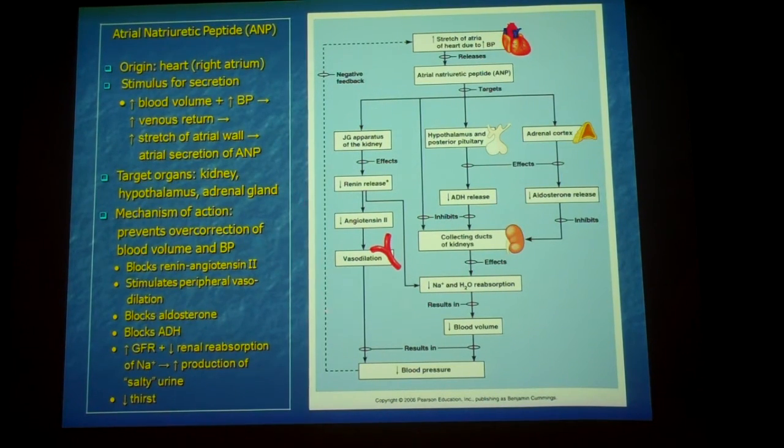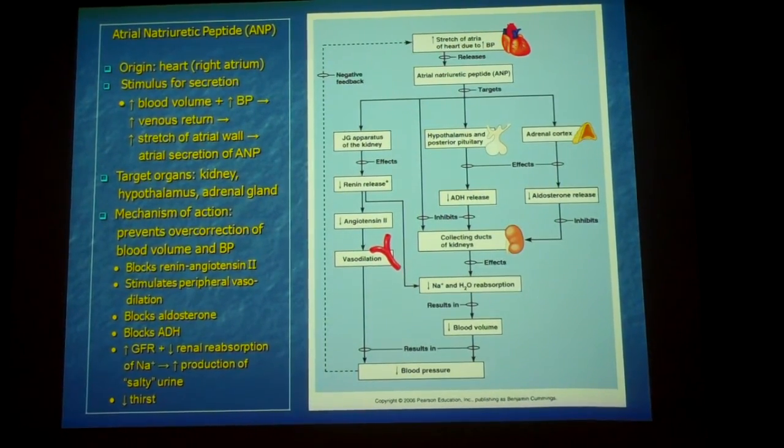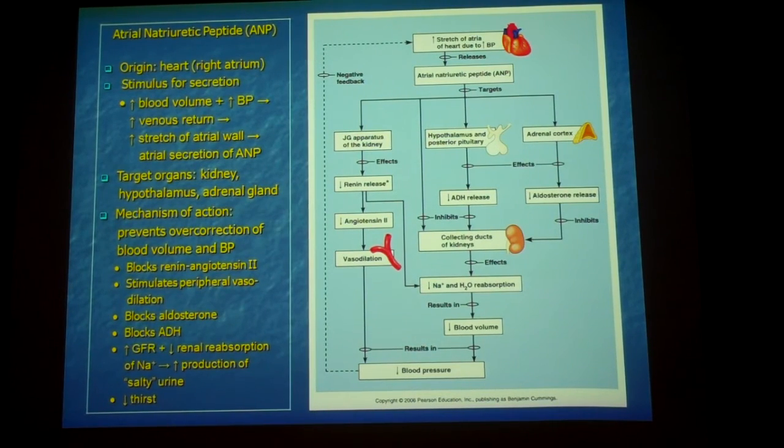Well, you've got an increased venous return, stretch receptors in the right atrium, releases this hormone. The easy way to remember what this hormone does is that it does just the opposite of what angiotensin 2 does. It cuts off angiotensin 2, and therefore it will cut off aldosterone, it will cut off ADH, and try to stabilize the situation.